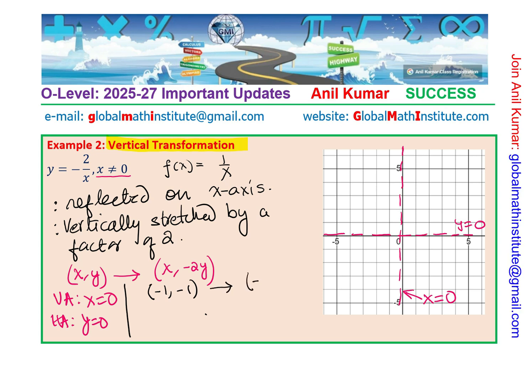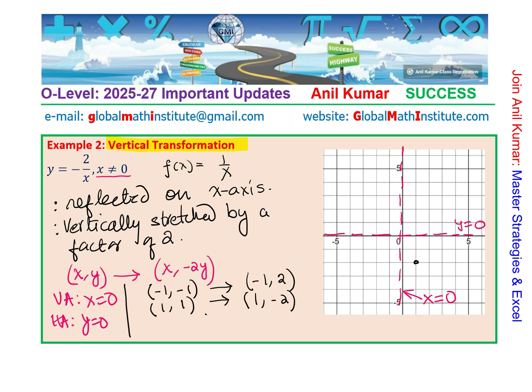Well, at minus 1, instead of minus 1, we'll have 2, the y value. And for x value of 1, we have minus 2. So at 1, we have minus 2, and at minus 1, we have plus 2. You get the idea. So this is the vertical stretch, right?